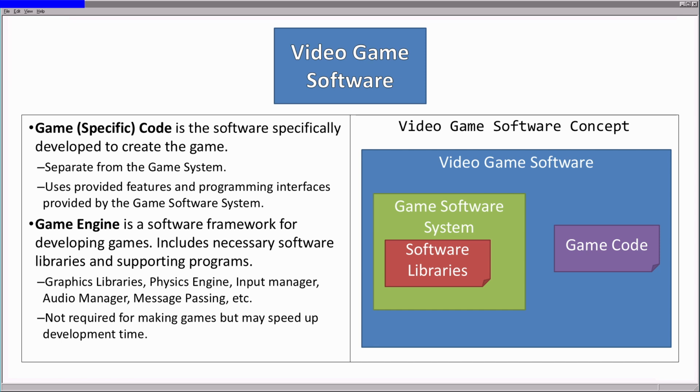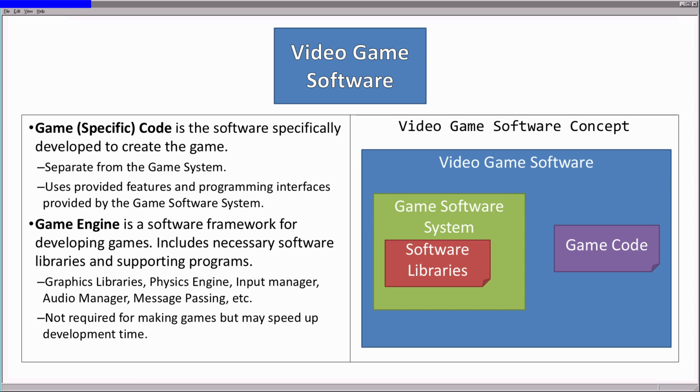We do not need a game engine to make a game, but as a developer, it can speed up the process. We keep in mind that game-specific code is the software specifically developed to create a game. It is separate from the game software system. Most commonly, it uses provided features and programming interfaces provided by the game system.